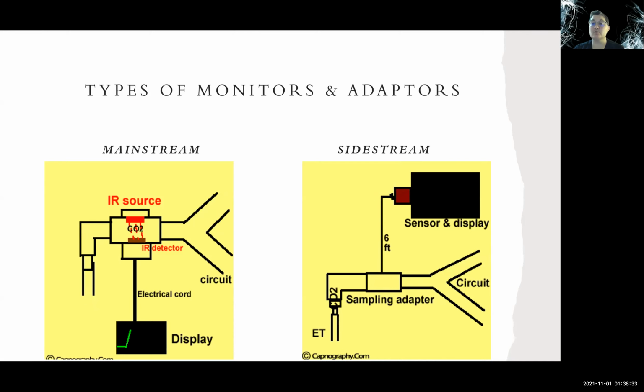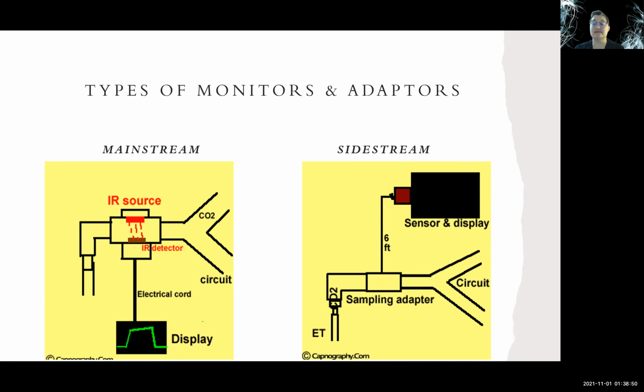Now, again, we do still have some disadvantages. There is a slight delay in the recording due to moving gases from the breathing circuit through the sampling tube to the actual monitoring unit.